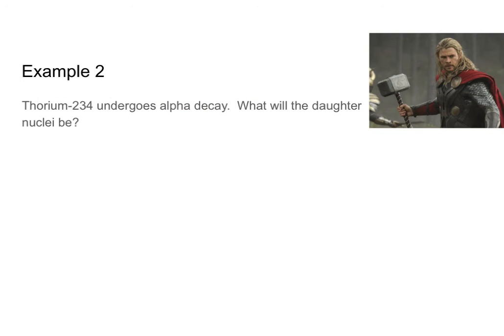So this time, our thorium-234-90 is going to undergo alpha decay. Let's figure out what the daughter nucleus will be, or really the daughter nuclei, right? Because we also have our helium nucleus. So we're going to start out with thorium-234, and that is going to turn into, via alpha decay, we know that we're going to lose a helium-4 nucleus, plus whatever our mystery element is.